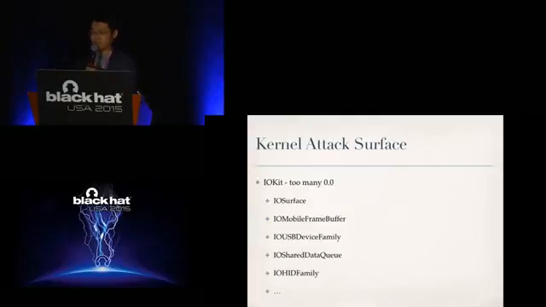Okay, the last part is IOKit. There are so many bugs in IOKit, so I just listed some names of them. In recent jailbreaks, all the kernel bugs exist in IOKit.